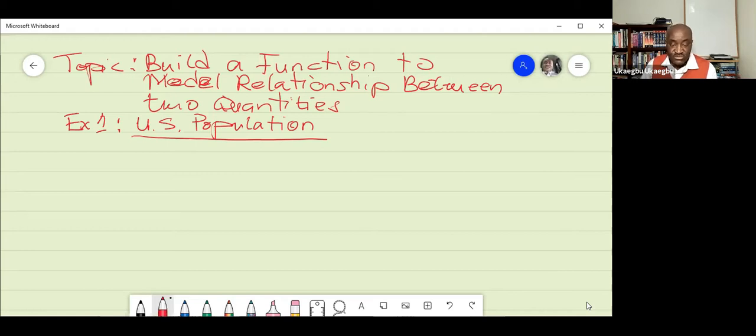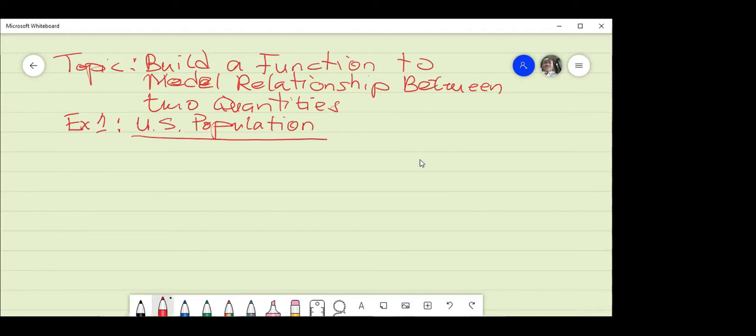So with respect to the general U.S. population, it is reasonable for a country to say there are so many people in this country. Guess what? How many do you think? What's the population of the U.S. right now? You can just give me a guess. I don't need an accurate answer. 300 million.